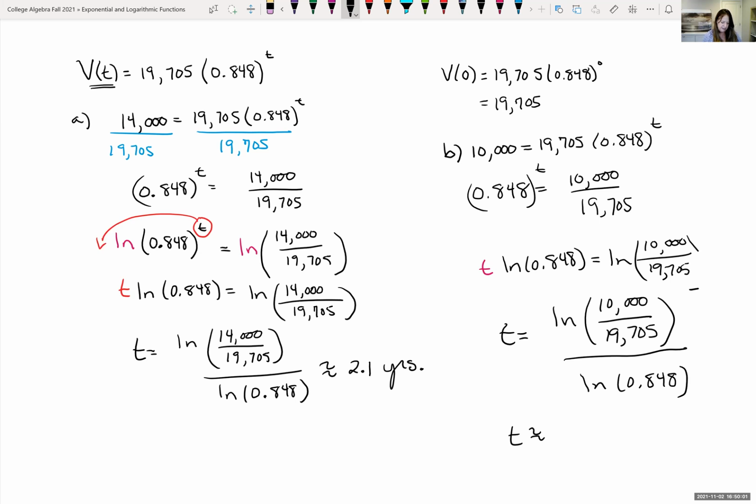So plugging it in: natural log of 10,000 divided by 19,705, then divided by natural log of 0.848. This gives me approximately 4.1 years.